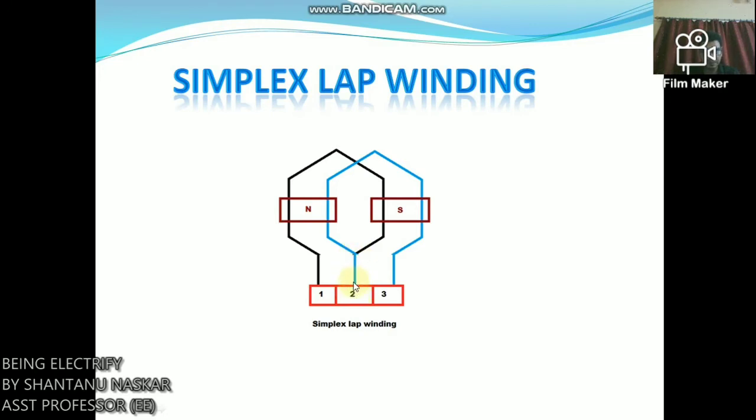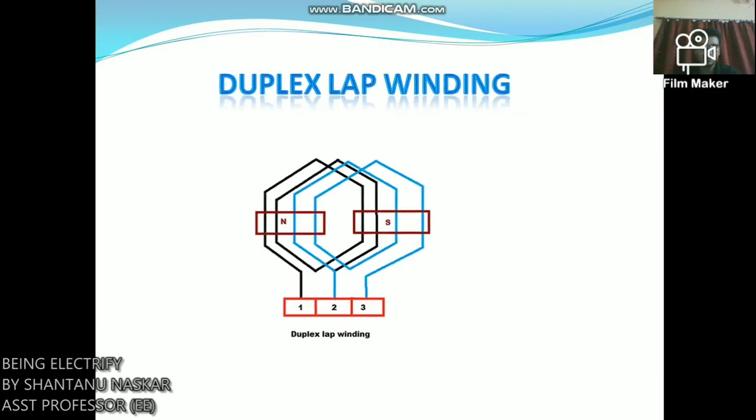This is the commutator segment, and the starting end of the next coil is placed under the same pole, and this is the starting end of the next coil. So these two coils are placed under the same pole. Also, the number of parallel paths is equal to the number of poles of the winding.